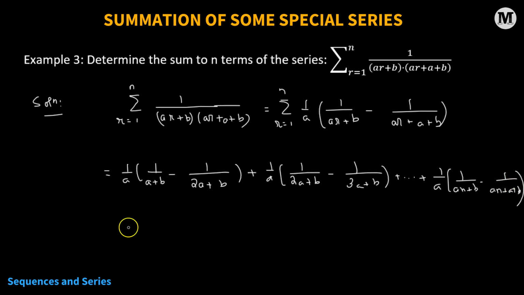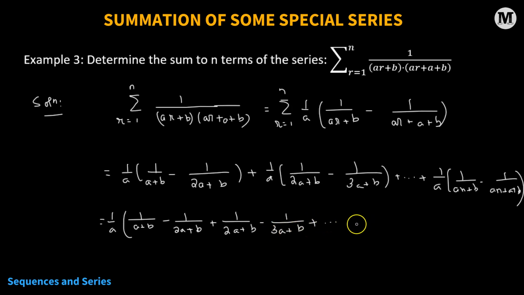Fine. Okay. Now, if we take 1 over a as the common factor from each of the terms, we have 1 over a plus b minus 1 over 2a plus b added to 1 over 2a plus b minus 1 over 3a plus b, and this goes on to 1 over an plus b minus 1 over an plus a plus b.